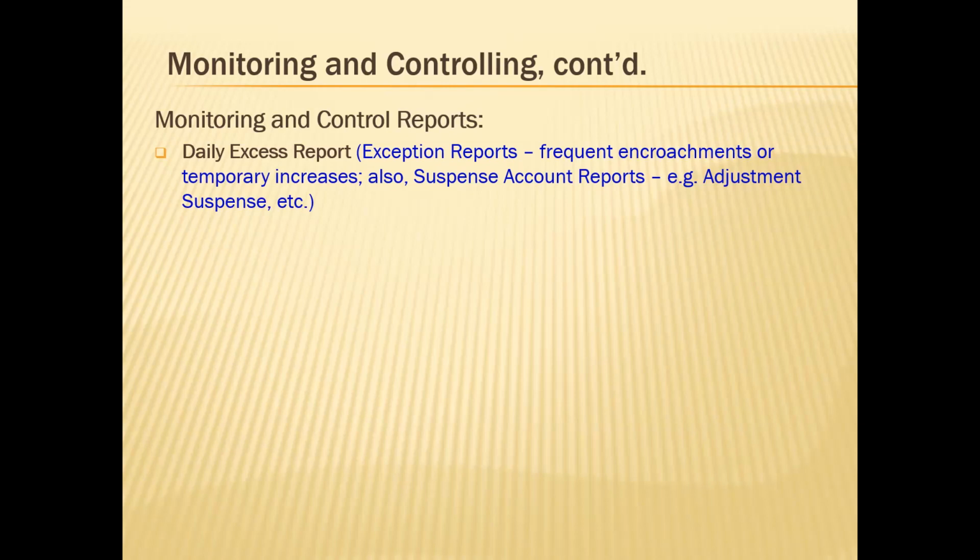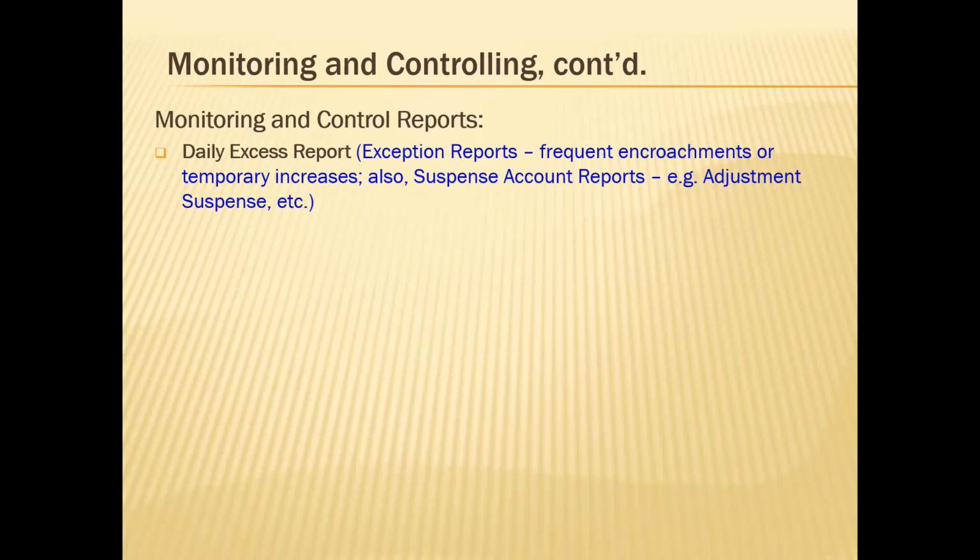Again, going back to exception reports, you have, for example, overdraft, either where there are limits, where the customer has an overdraft facility, or where there's no overdraft facility, but the customer has gone overdrawn. So you want to monitor those.